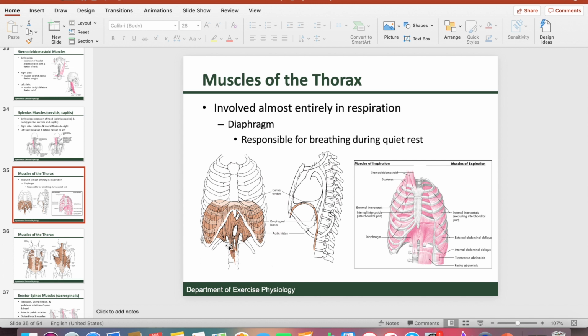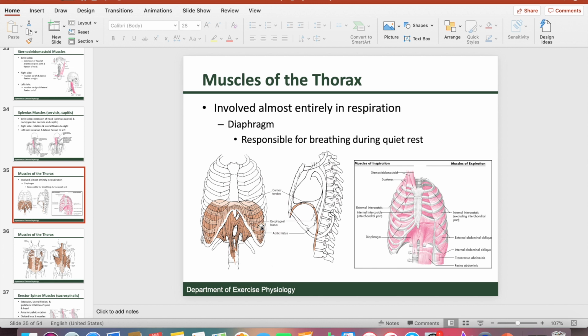You can see in this image how the diaphragm cups up into the thoracic cavity, and as it contracts, it's literally pulling down, and by pulling down, it creates a drop in pressure of the thoracic cavity, and that pulls air in for inhalation. Then as the diaphragm recoils back into its resting position, it forces air out for expiration.